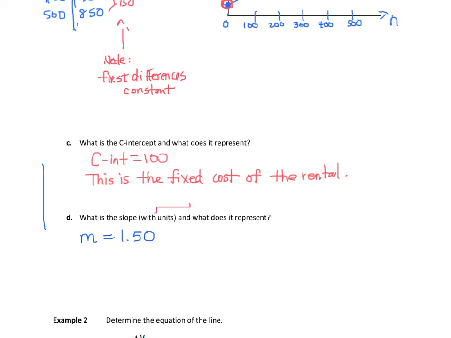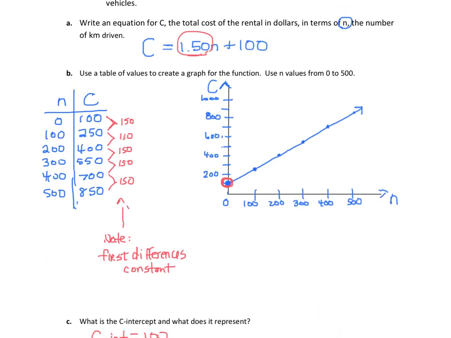And our units for slope, when you are asked to include the units, let's just make a side note here. The units for slope are always the units on the y-axis over the units on the x-axis. So what I mean by that is, on the graph that we just created, the units on your y-axis are dollars, and the units on your x-axis are kilometers.